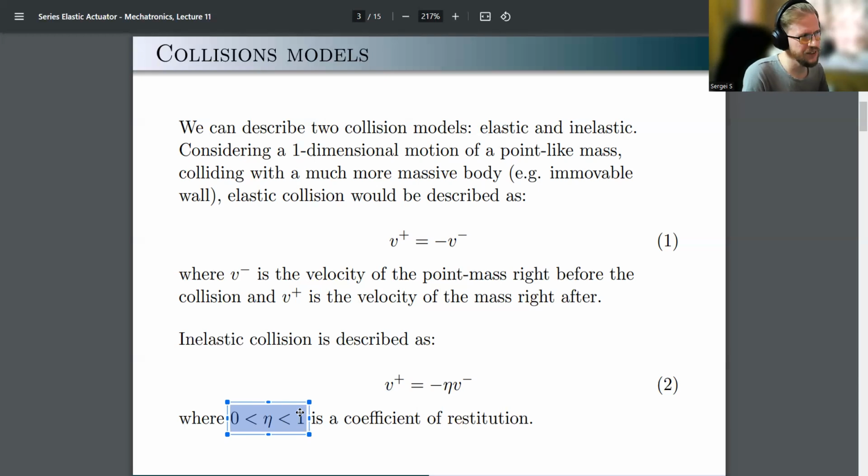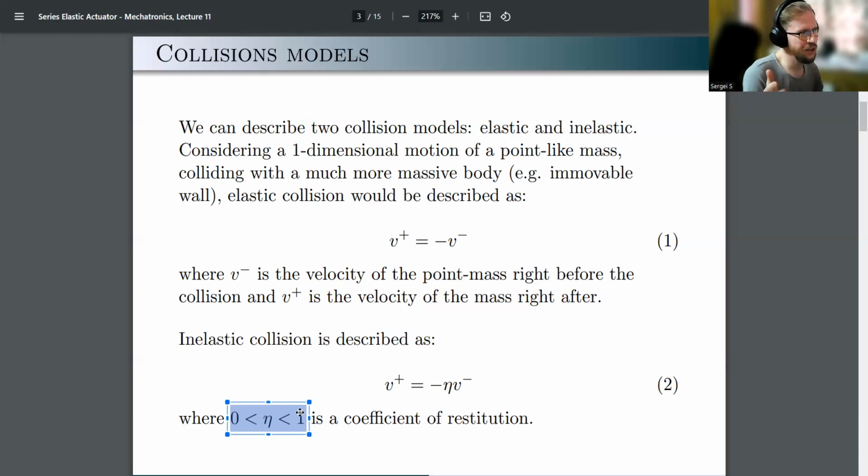Of course, you can try to come up with a coefficient of restitution higher than 1, which would mean that the velocity increased. And this is something that they use when they discuss explosions. Like if you have an explosion during the collision, the restitution can be higher than 1. That's because some of the chemical energy, for example, is transferred into kinetic energy.